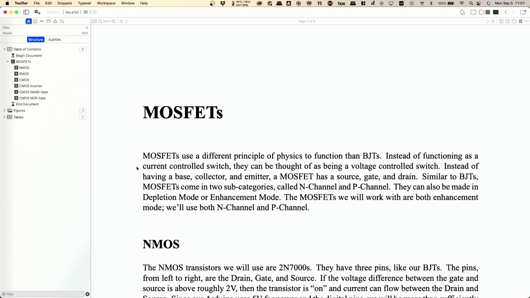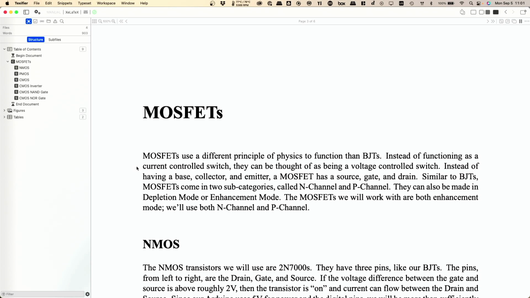Okay, so we're going to start looking at the MOSFET transistors, which in some sense function similarly, and in other senses are very different. They're very different in how the physics actually works internally. But in terms of how they appear to function to the user, it's similar, in that they're basically switches.